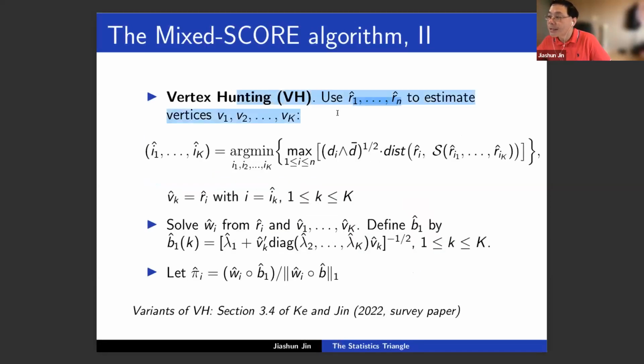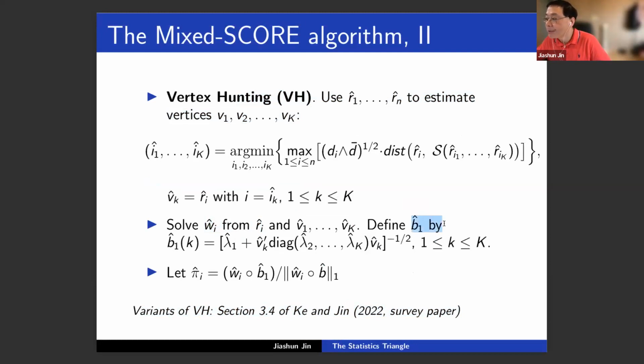You use the vertex hunting. For example, here, pick one; we recommend the one in the paper. You do the vertex hunting, so you have estimated all the K vertices of the ideal simplex. Then you just mimic the population version, use the simplex structure and R_i hat to compute W_i hat.